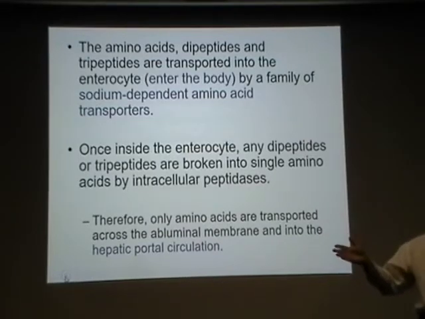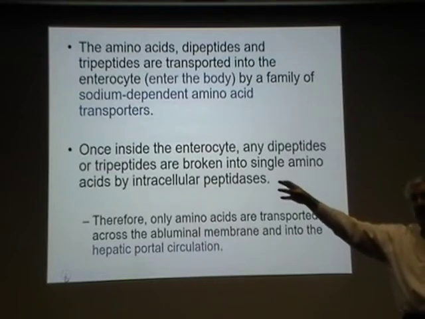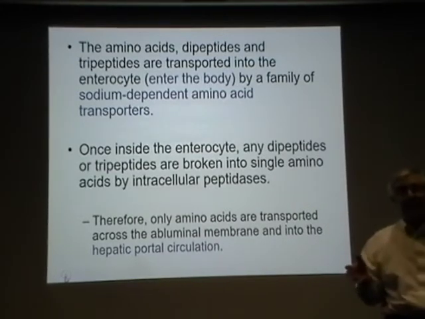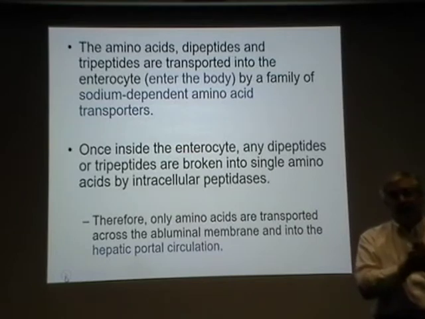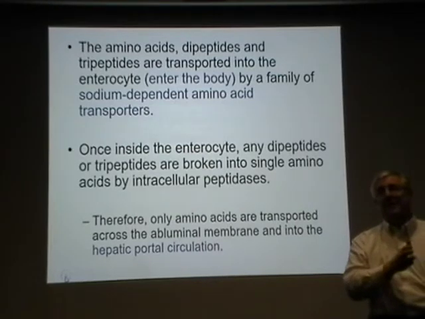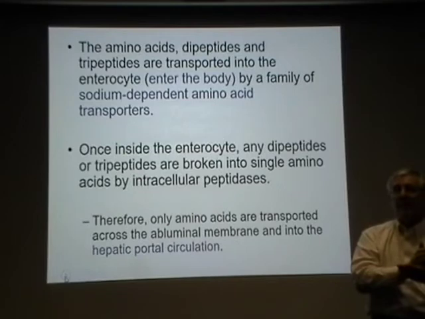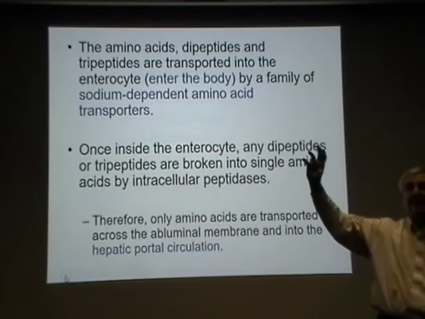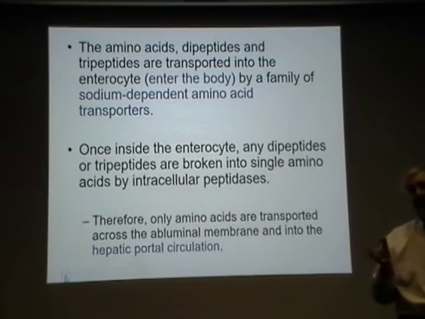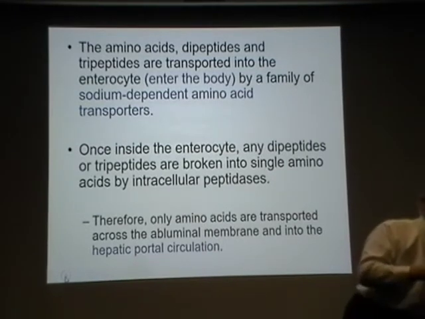And this is where we're entering the body. Now once the amino acids get into the enterocyte, nothing has to be done with them. They're going to be transported across the abluminal membrane to get into the blood in the hepatic portal system. But the dipeptides and the tripeptides, once they're in the enterocyte, get broken into individual amino acids. And those resulting amino acids get transported across the abluminal membrane and into the blood.